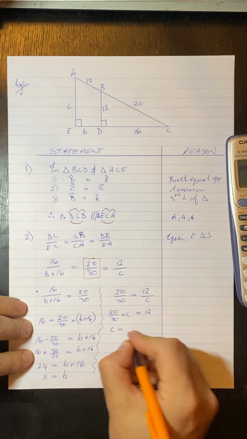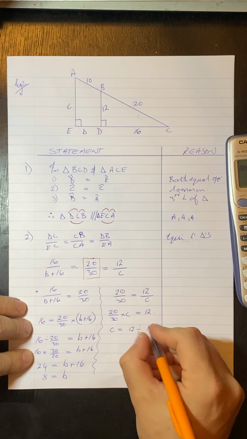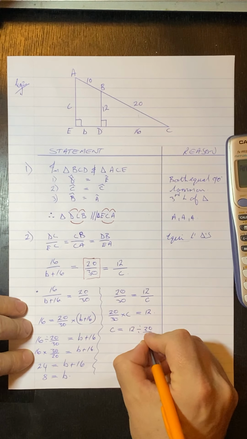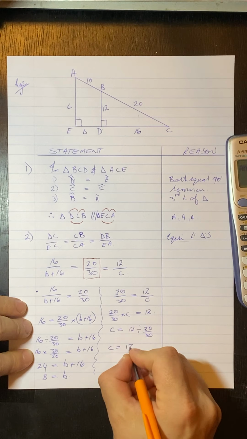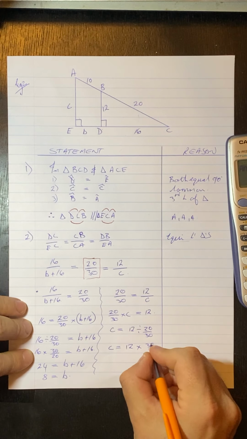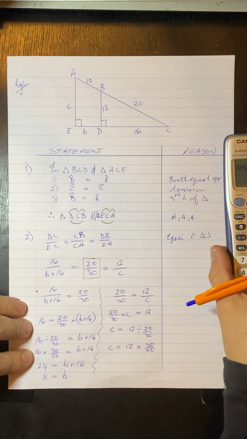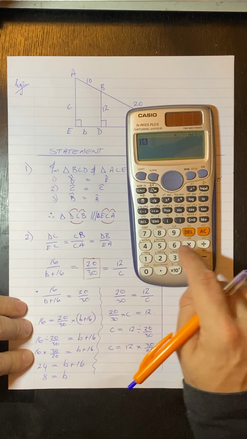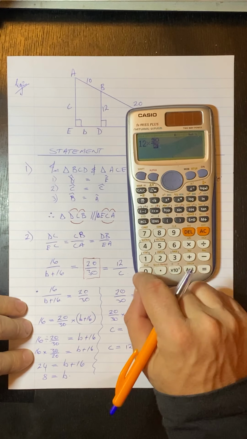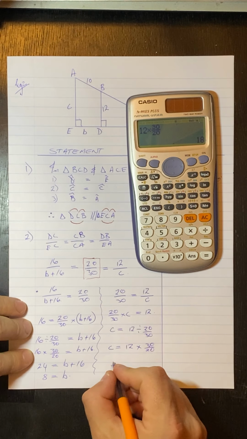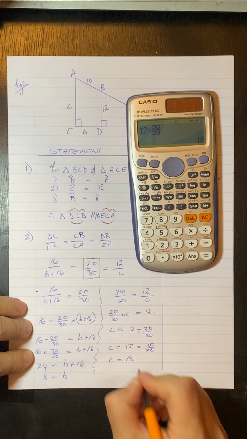So we get C is equal to 12 divided by 20 over 30. I'm going to tip and times them, and then we can just plug that on the calculator. So we've got 12 times 30 over 20, and we get C is equal to 18.